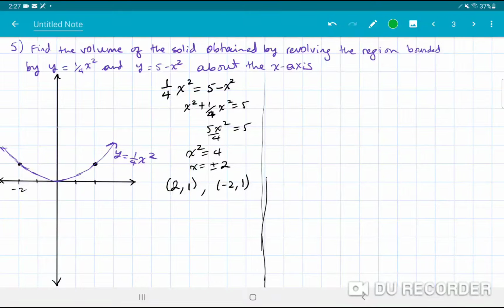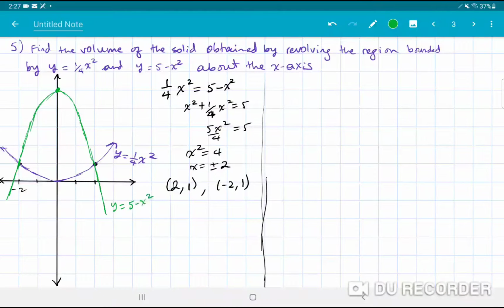It goes through these two points. So this is y equals 5 minus x squared.